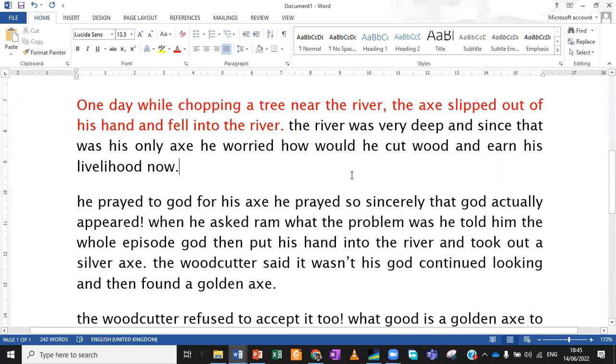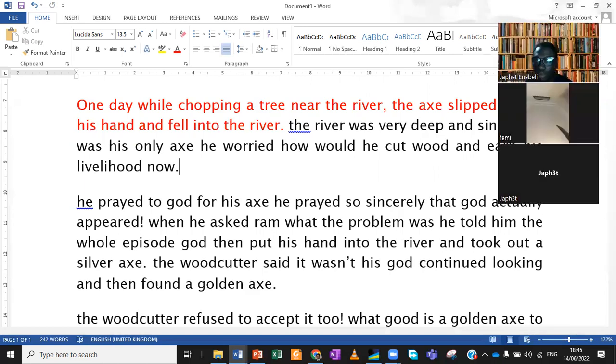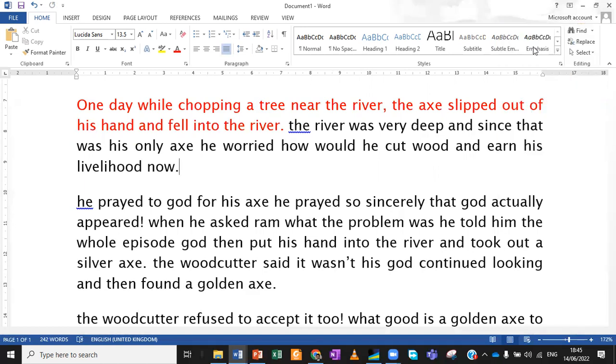This is a capital T. You know, this is a full stop, so the next thing must be capital, right?